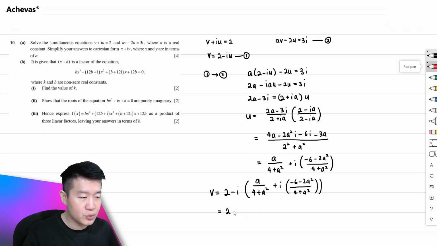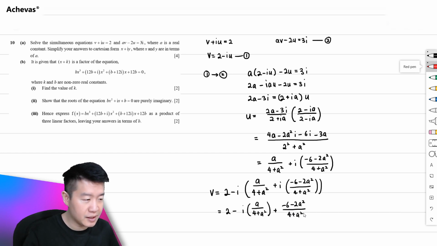So we have 2 minus i times this a over 4 plus a square. Then this will be minus i square, which will become a positive 1. So we have a positive minus 6 minus 2a square divided by 4 plus a square.